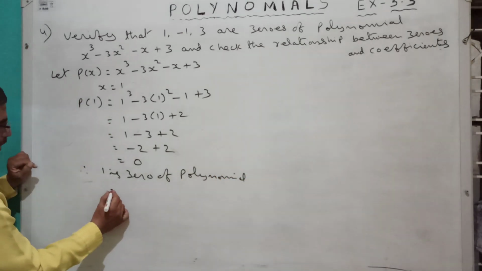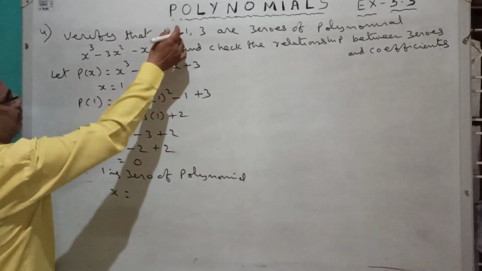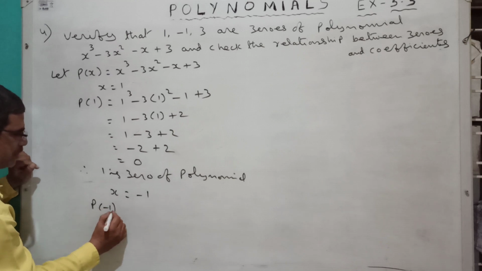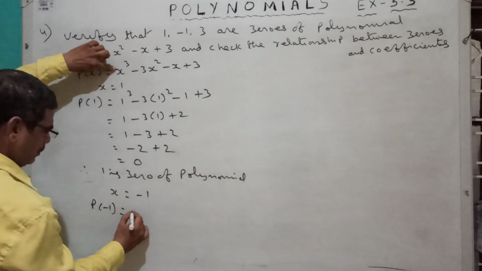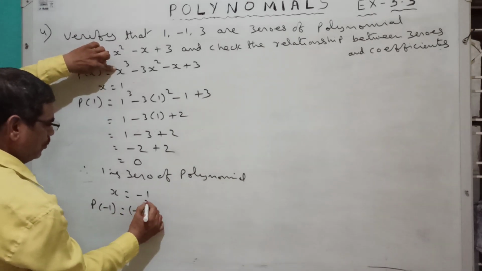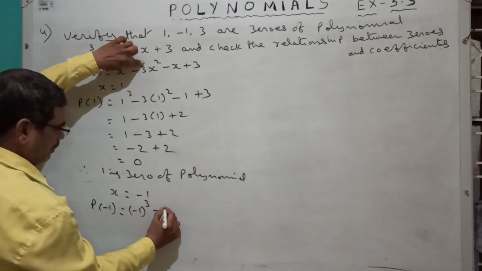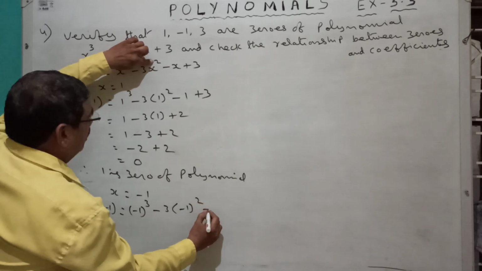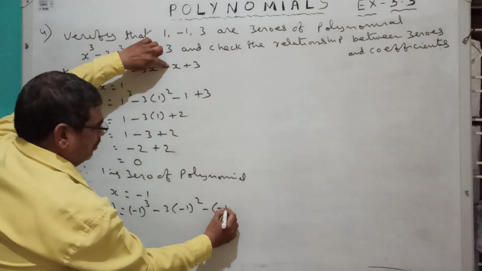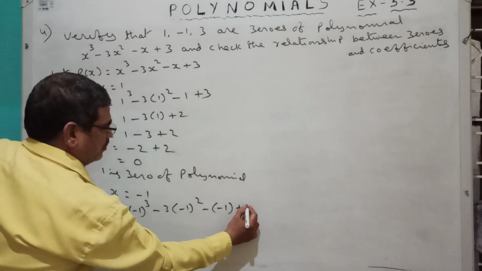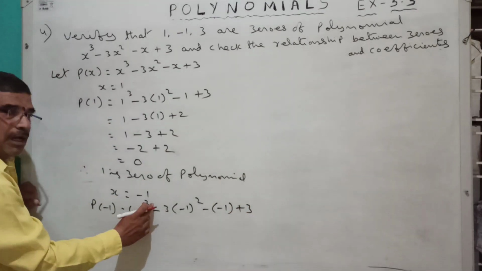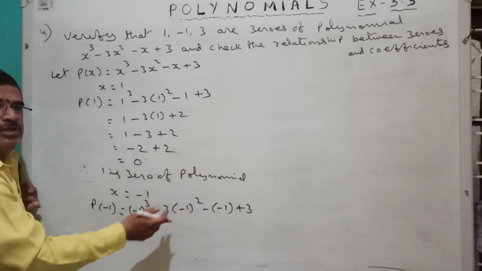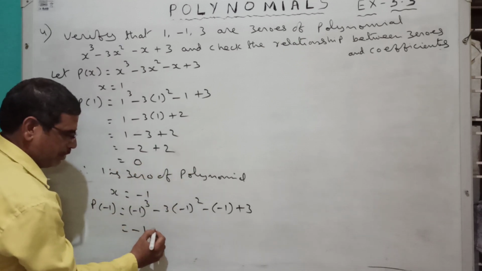Now I am taking x is equal to the second value, minus 1. P of minus 1 is equal to minus 1 cube minus 3 into minus 1 square minus x value minus 1 plus 3. Here it is an odd power, so minus will remain the same. 1 cube means 1 into 1 into 1.